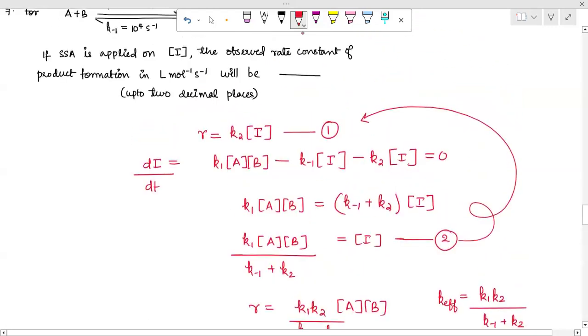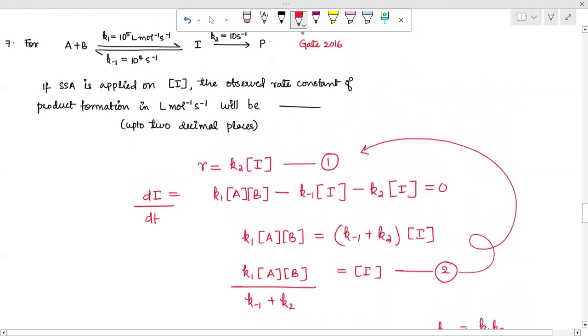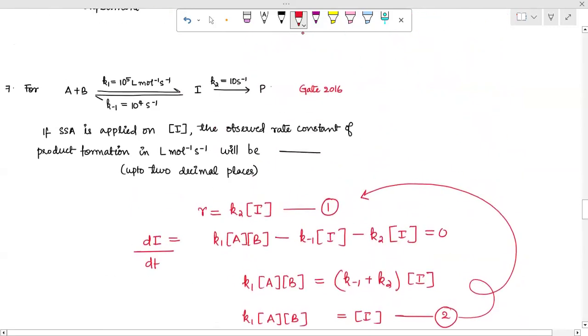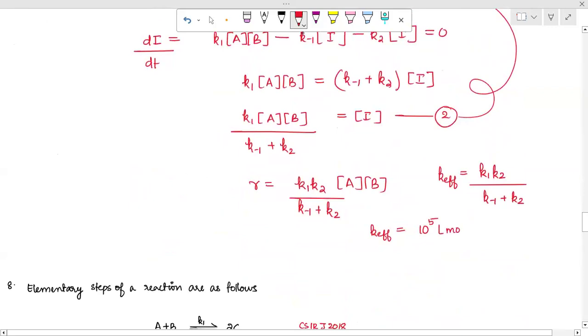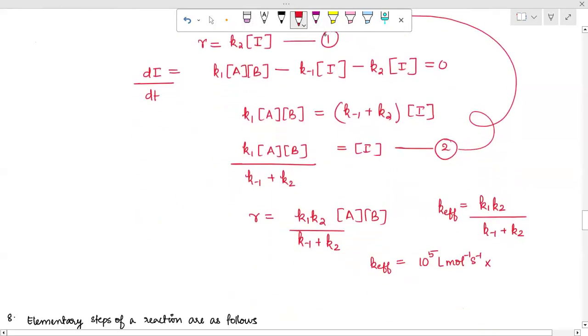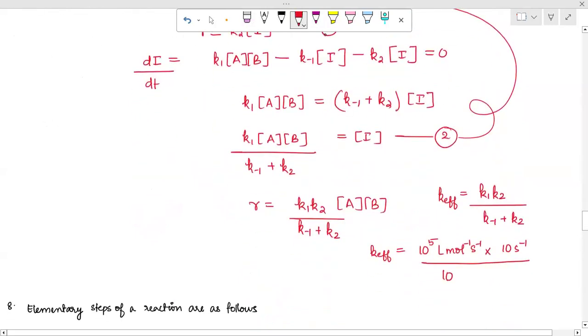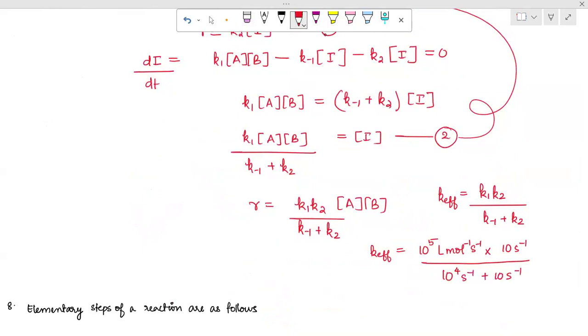Now I need to plug in the values, that's all. What is the value of K1? 10 to the power 5. Please put in the units as well: 10 to the power 5 liter per mole per second into K2. What is the value of K2? The value of K2 is 10 per second, divided by 10 to the power 4 per second plus 10 per second.